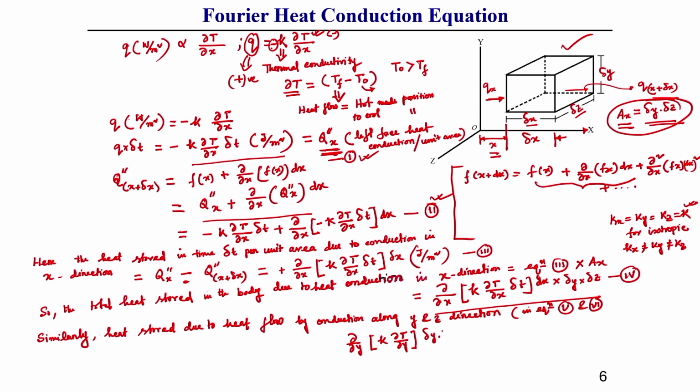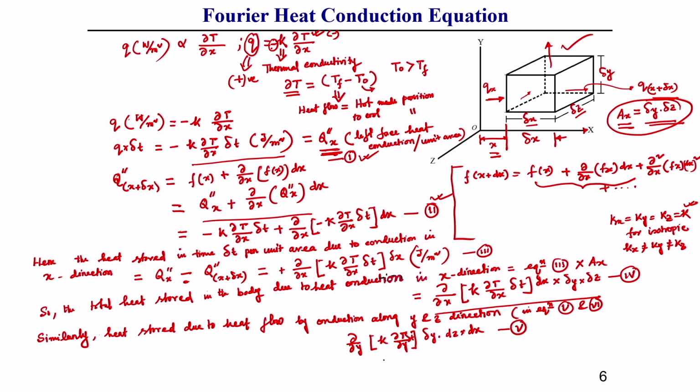Along the y axis, what should be the cross-sectional area? The area will be dx dz. So A y will be dz into dx. Keep this in mind, and another delta t term will also be there. Let this be equation number 5.